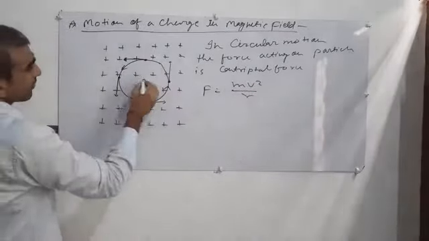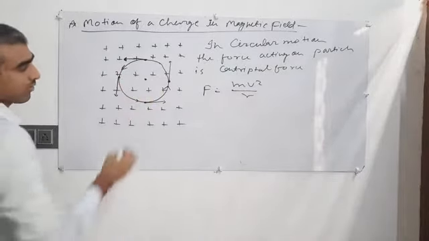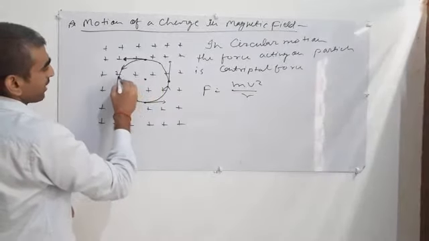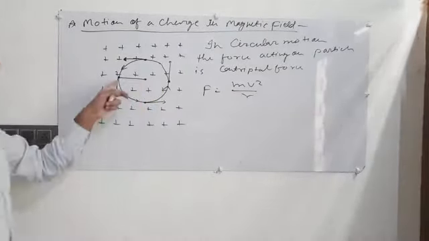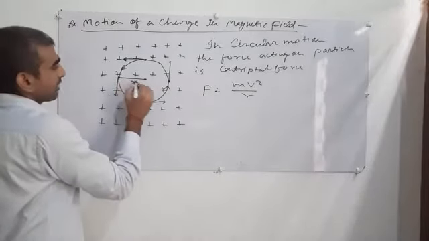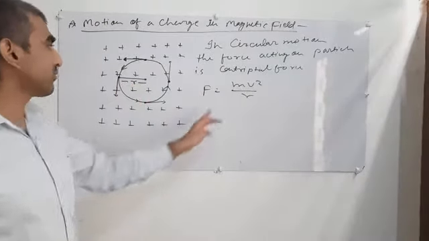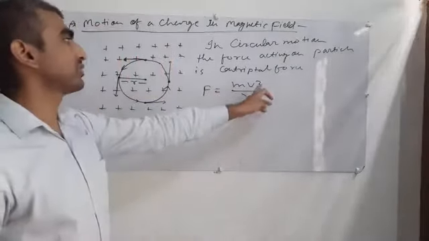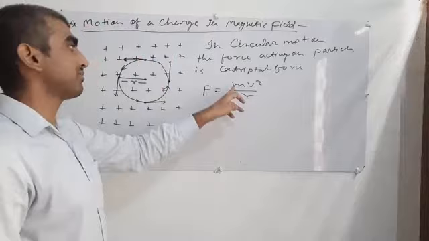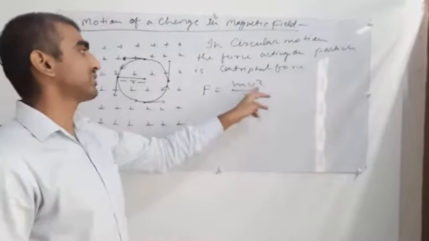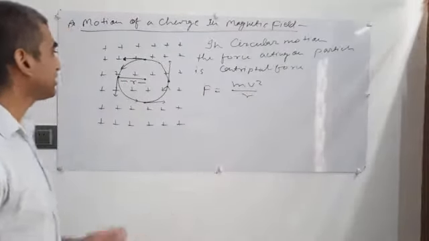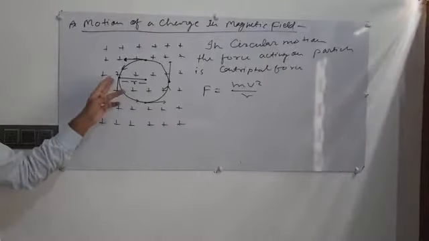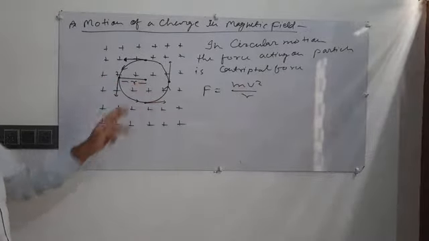That means if we assume this is the center of the whole circular path, and the charge is at a distance r from its center, then the force acting on the charge according to circular motion law is mv square upon r, where m is the mass of the charge, v is the velocity of the charge, and r is the distance of the charge from its center O.